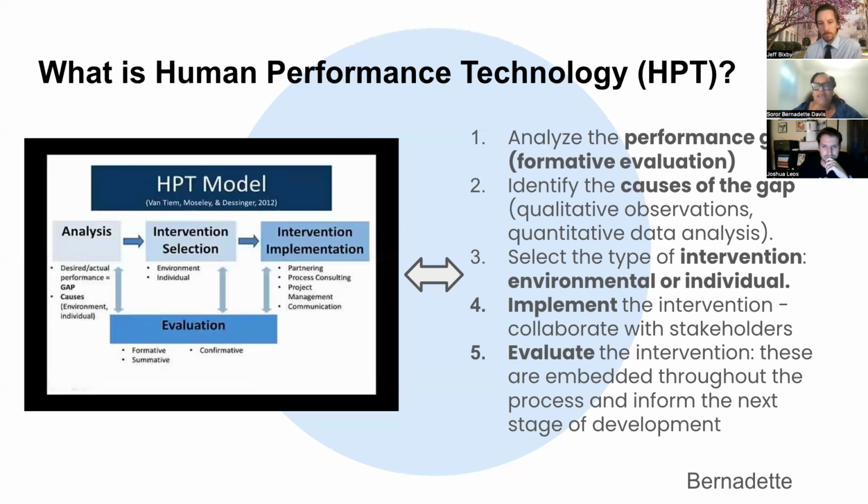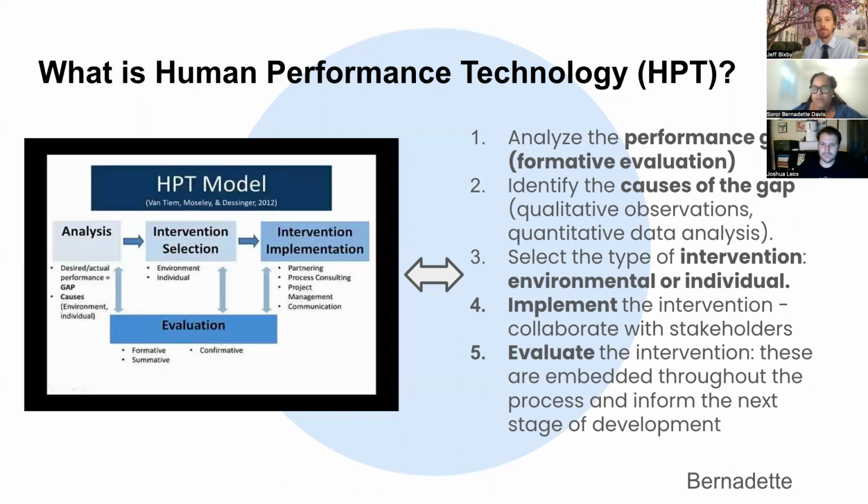Basically, a cycle of the HPT model looks like analysis, trying to identify what's important, which is the performance gap. That tends to be a formative evaluation of some sort. And then once the gap has been identified, then they use qualitative observations.